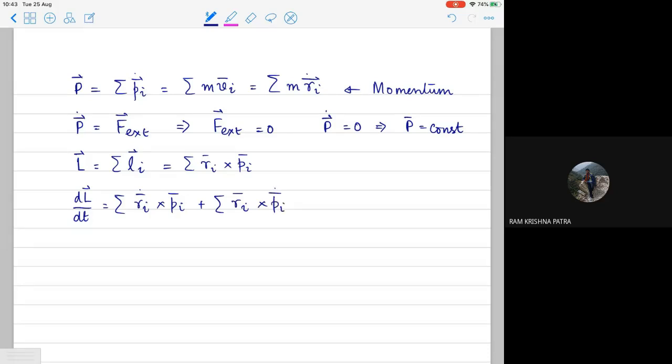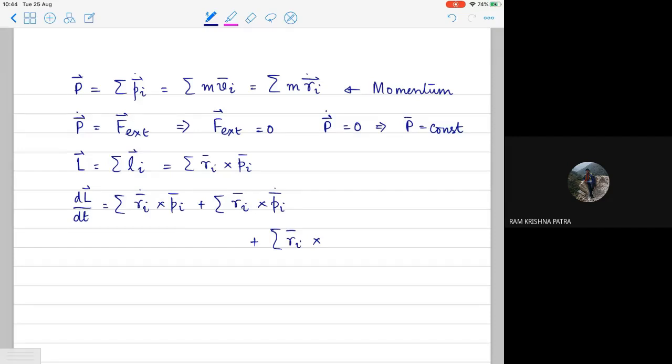Let's look at the second term after the summation sign. That's the summation of Ri cross Pi dot. So what is Pi dot? Pi dot, by our previous definition, would have been the force acting on these individual particles.